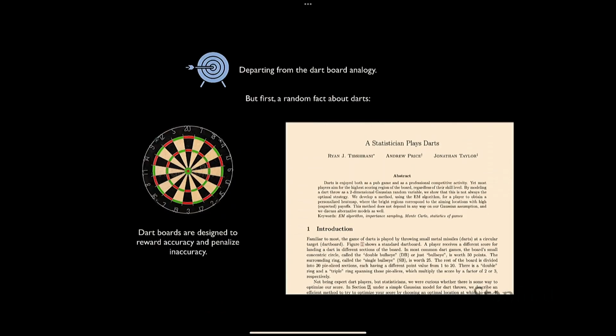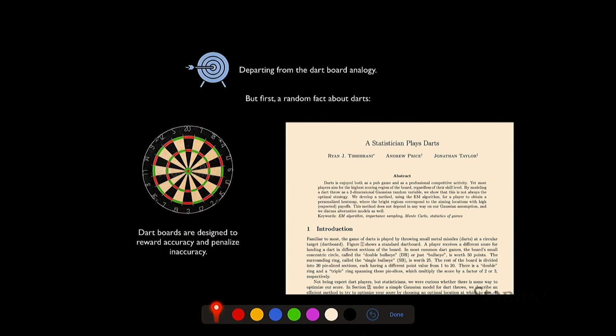Well, no worries, the Stanford stats department has you covered. There's an interesting paper where they assume a Gaussian distribution centered at where you're aiming, with some variance that says how bad your aim is, and they can get you a personalized heat map of where you should aim to maximize your score in darts. So if you're interested, you can check out this paper.